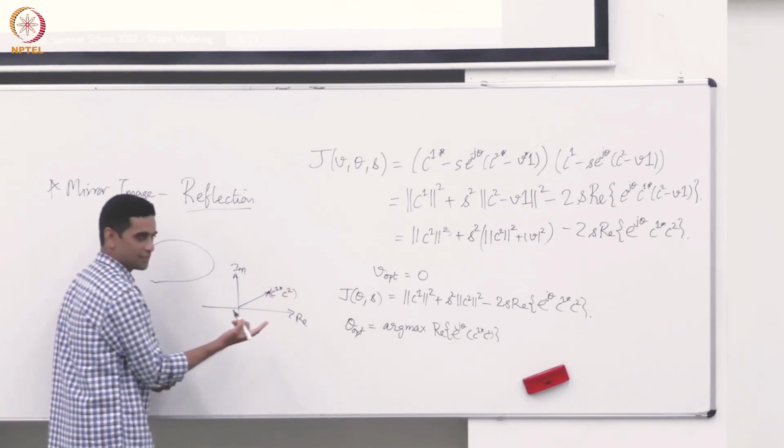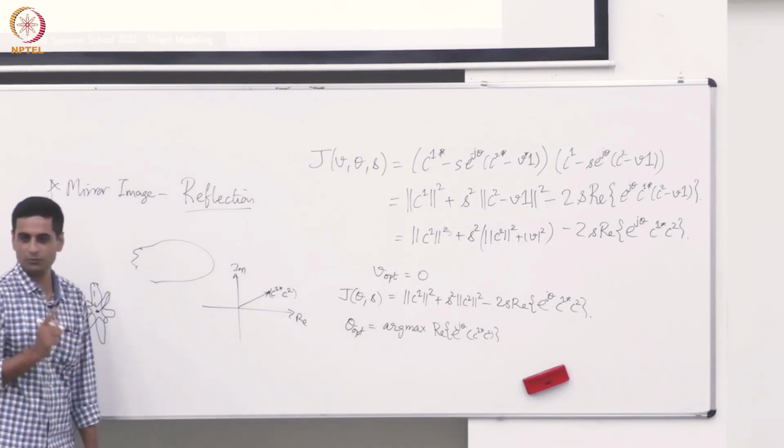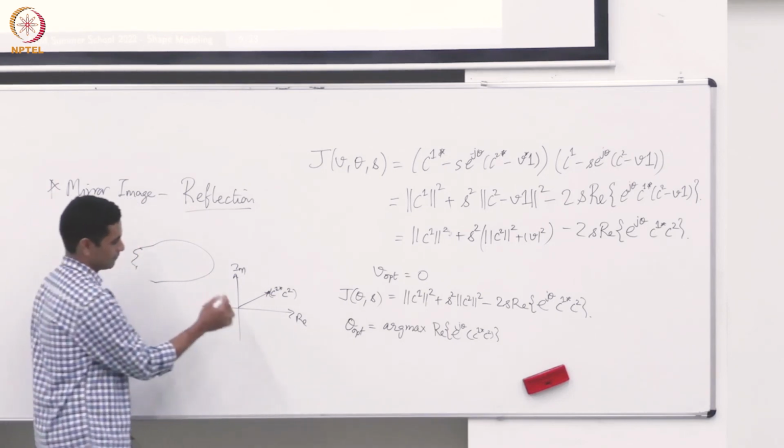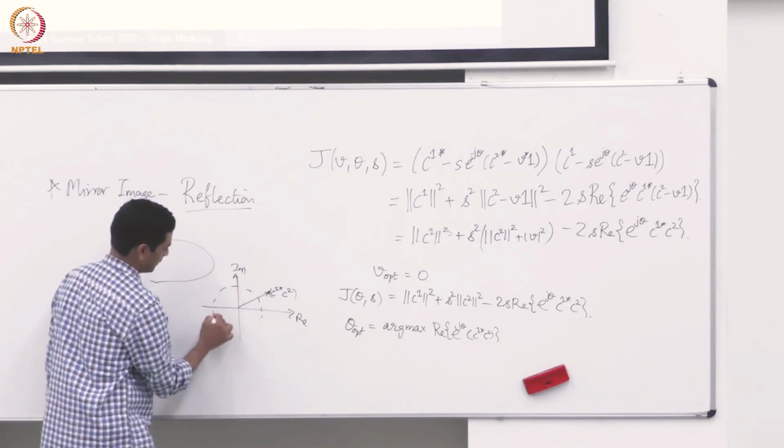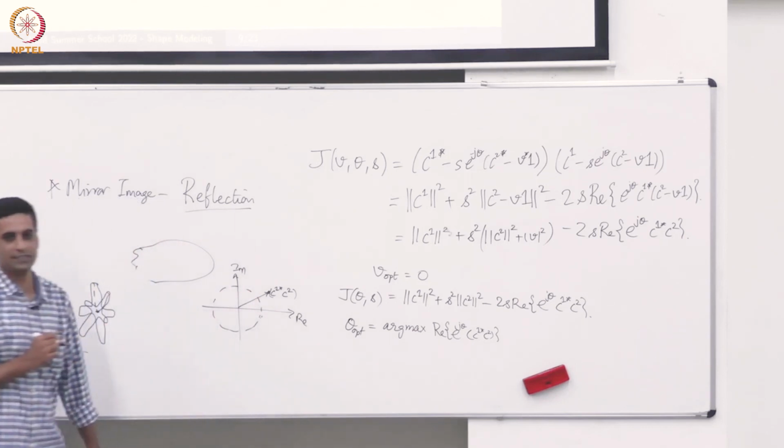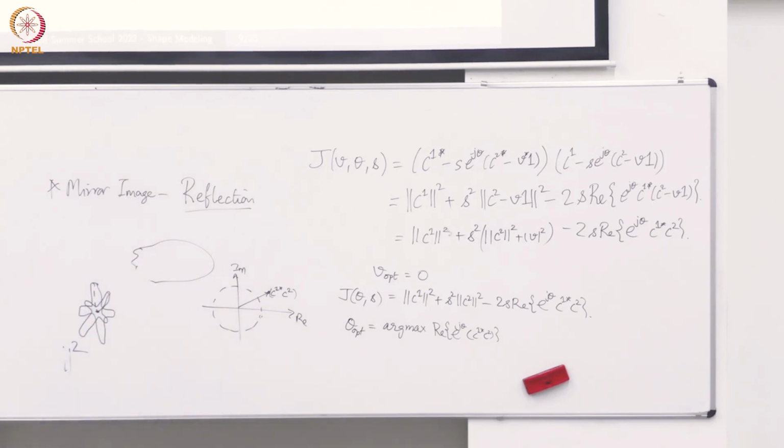And e to the power j theta will always be a unit magnitude. So what theta will you choose? Of that complex number, are you sure?